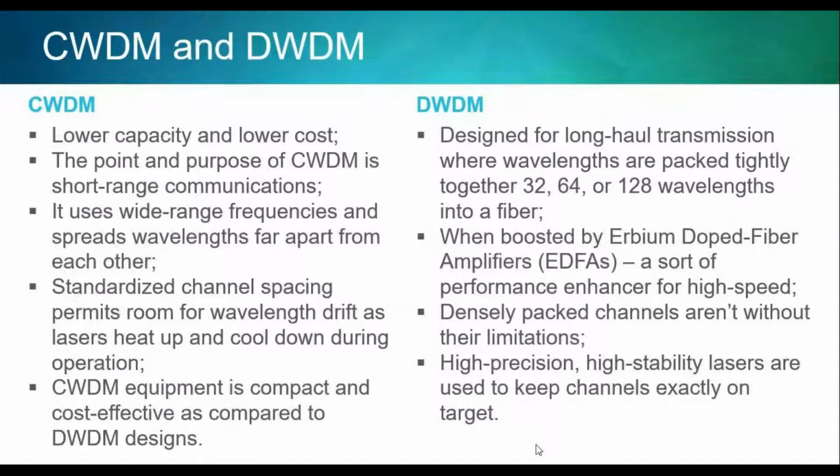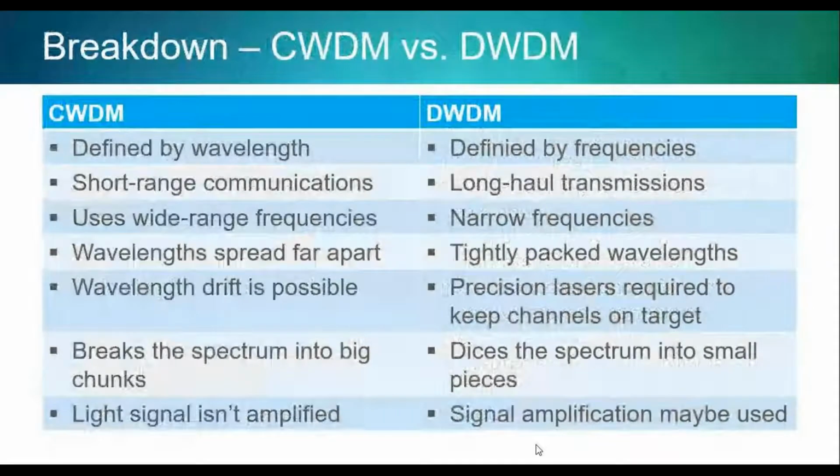So if we quickly summarize the differences between them: CWDM is defined by the wavelength, in nanometers, with a channel spacing of 20 nanometers, looking at 18 channels. With DWDM, it's defined by frequency. So there are the ITU channels.